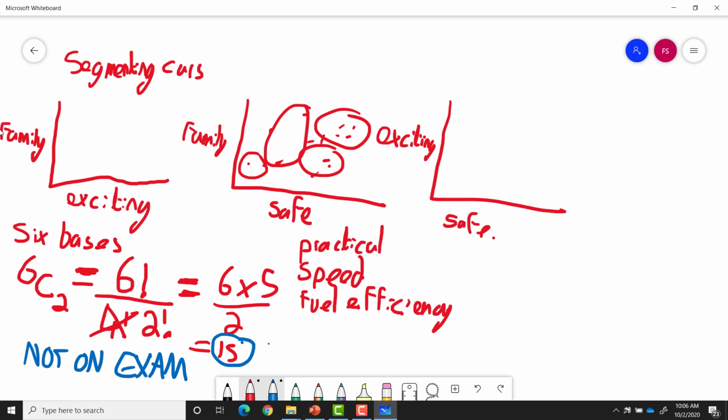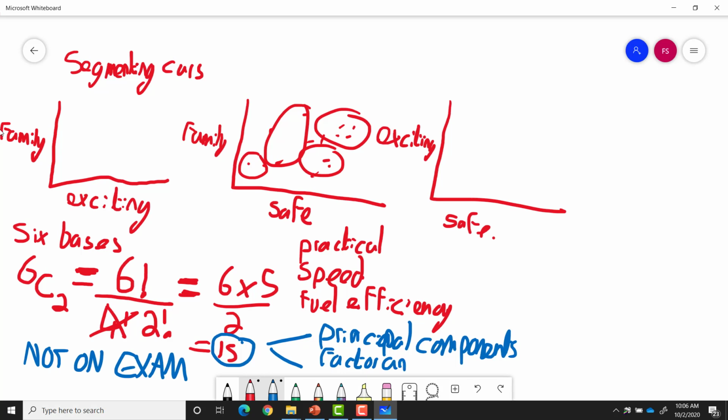So we use a technique called principal components analysis, or the book mentions factor analysis. All we're doing is putting all the information in these different scatter plots into one scatter plot, so we have as much information as possible.